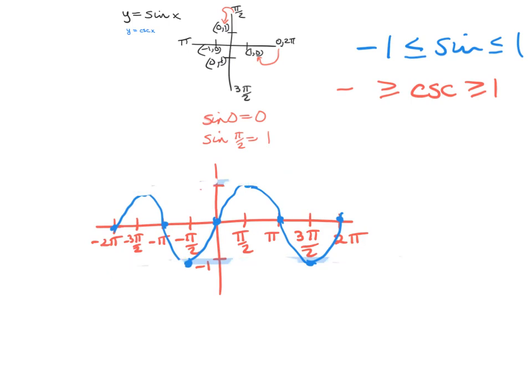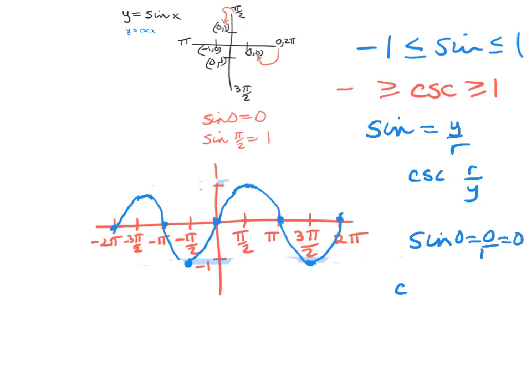All right, so now, if you recall that sine was y over r, cosecant is r over y. It's the reciprocal. So if you get, for example, sine of 0, this was 0 over 1, which simplified to 0.